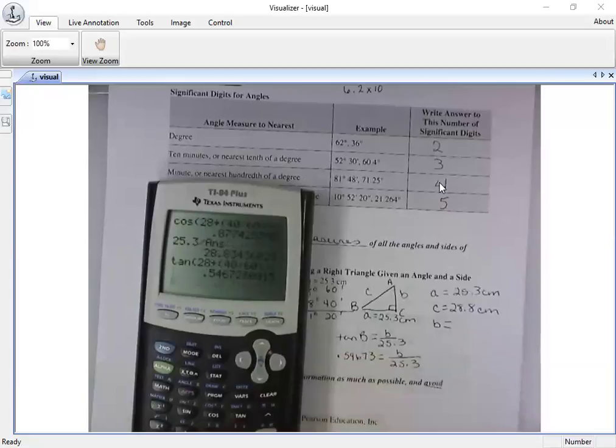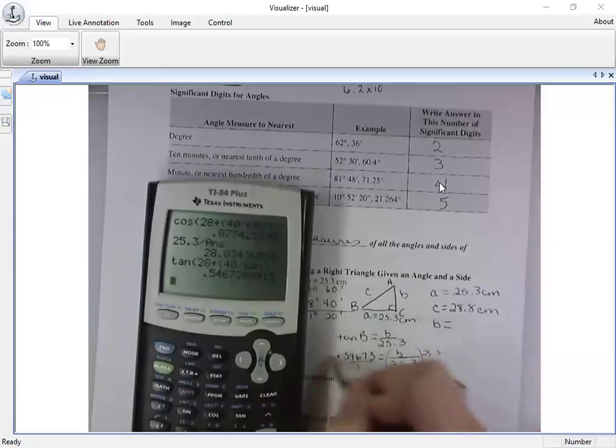Now to solve for B, all I have to do is what in this equation? Multiply on B, divide by the decimal point. Well, now be careful. Wait a minute. I've got two options. To get B by itself, I can either multiply both sides by 25.3, or if I think about putting this over 1, when I cross multiply, B is going to equal whatever this times this is, okay?